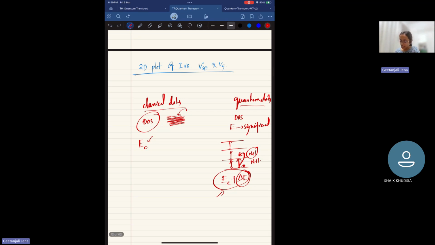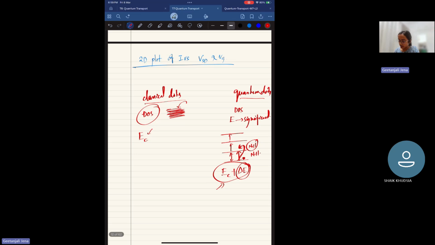The difference that we will get is that for the Coulomb oscillation of the classical dot, we'll see a periodic oscillation, and the peaks are equally spaced.